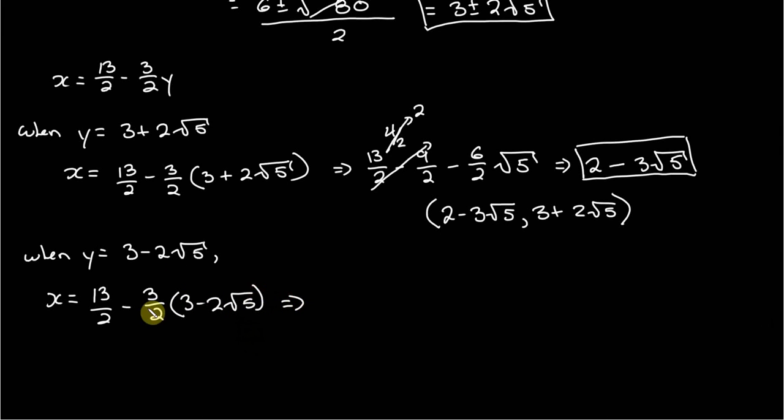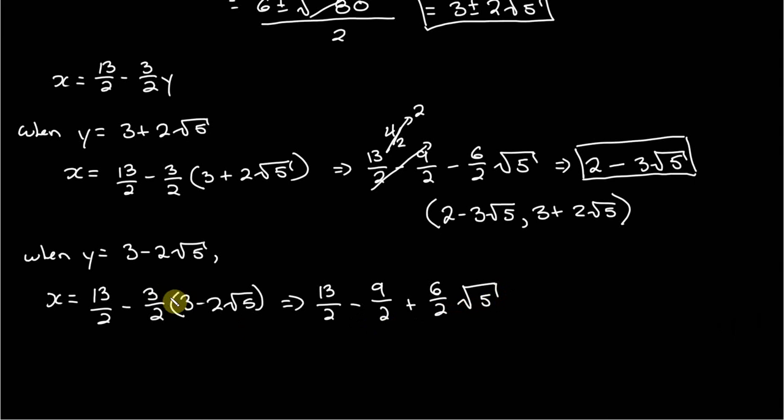Right, so we just need to employ the distributive property here. Again, just as we did before, we know that's negative 3 over 2 times 3. So we've got 13 over 2 minus 9 over 2. And this is going to be plus, we got a negative 3 over 2 times negative 2, so it's going to be plus 6 over 2 root 5.